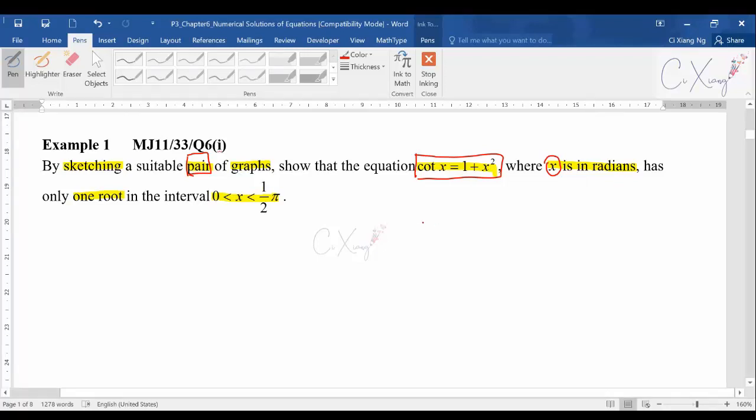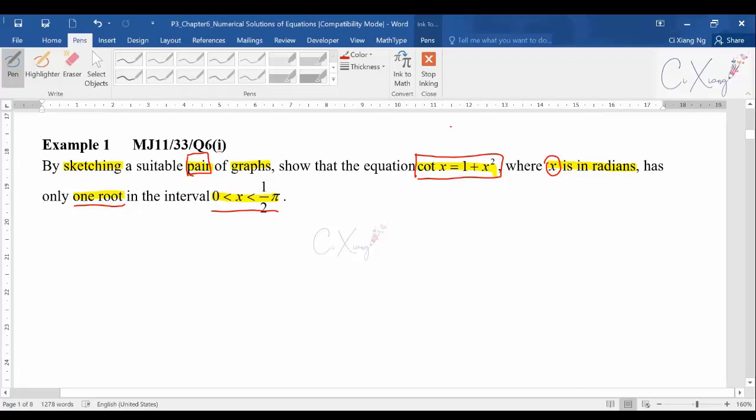Okay, right. And after that, this is another important piece of information. They want you to sketch a graph from 0 until pi over 2 only, because they're interested in this range only, this part. So you can draw the graph from 0 until pi over 2, which is 90 degrees. And then finally, you need to show from the graph that you have only one root for this equation.